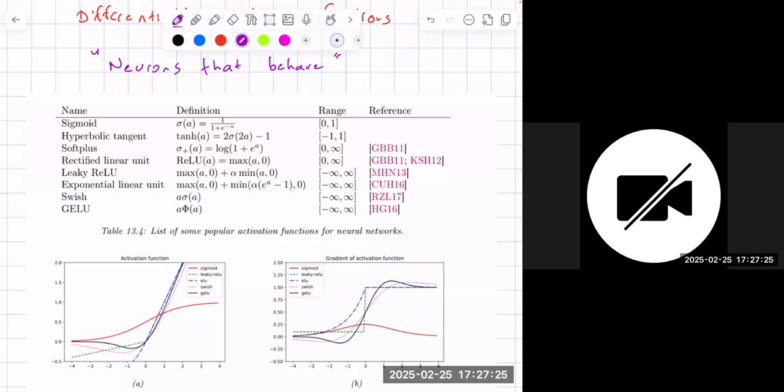So sigmoid, probably you have seen this, tanh. Softplus, we have seen this before in this class. And I'll talk about ReLU and this leaky ReLU soon. And I don't think I will use the swish, but apparently it's used. That's a whole bunch of activation functions that you can put on your neurons if you like to.